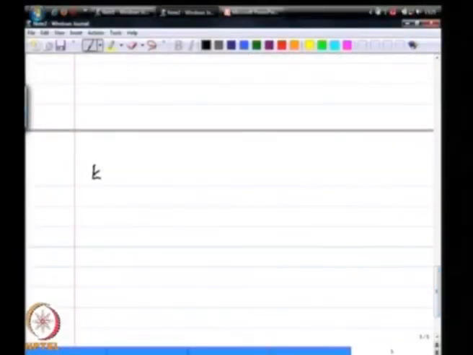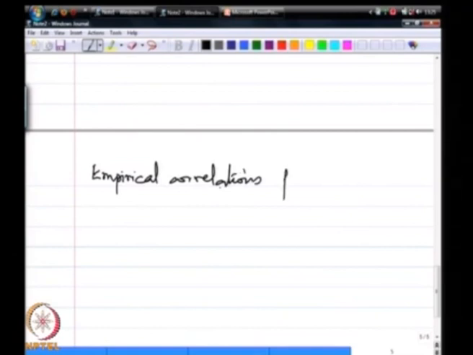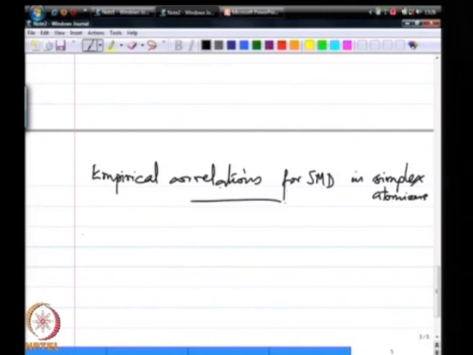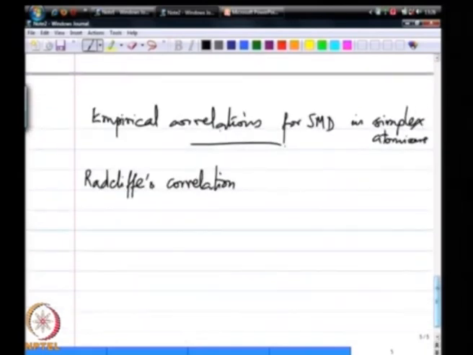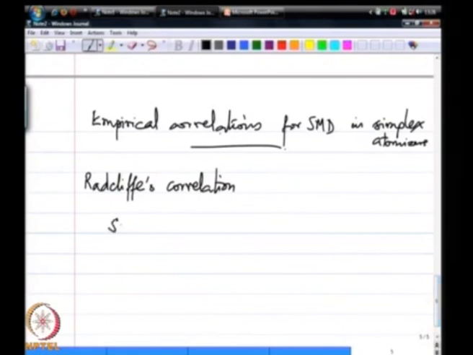So, what sort of empirical correlations are available for SMD in simplex nozzles, in pressure swirl nozzles? One of the first and early works is due to this man Radcliffe, who gave us this formula.